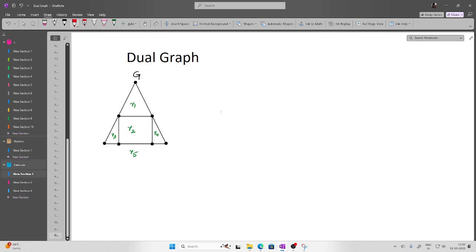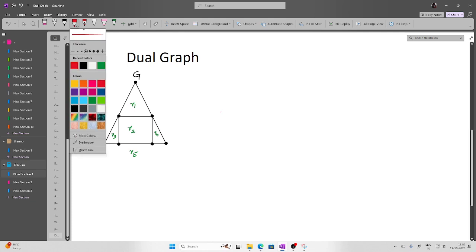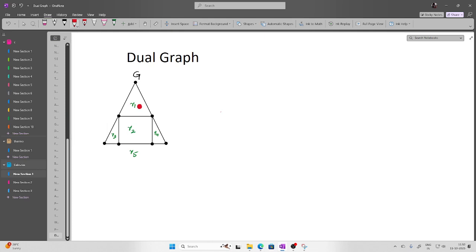Then to draw the dual, you have to draw new vertices in these regions. So let's say this is one, this is another vertex, this is another vertex, this is a vertex, and this is a vertex. So the first thing is to draw new vertices in the regions.